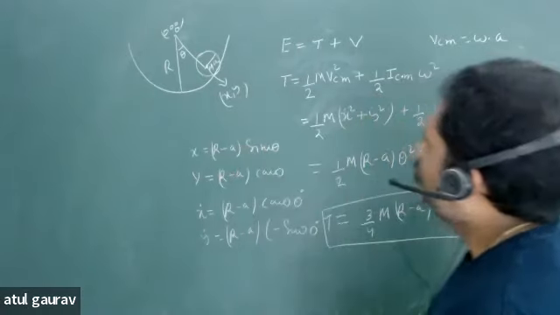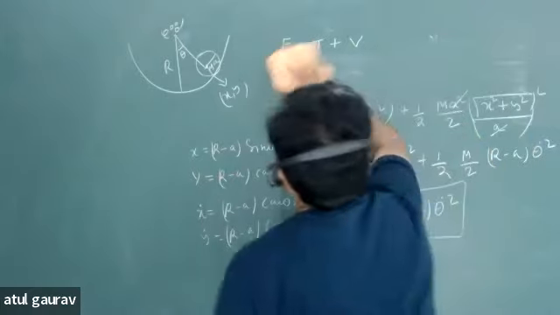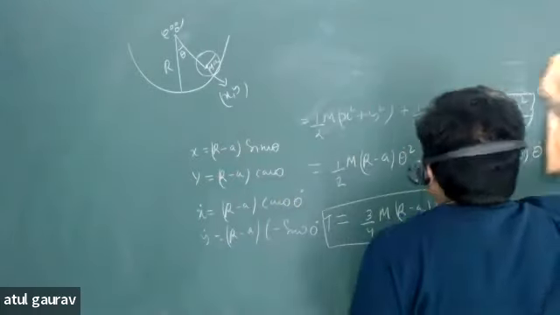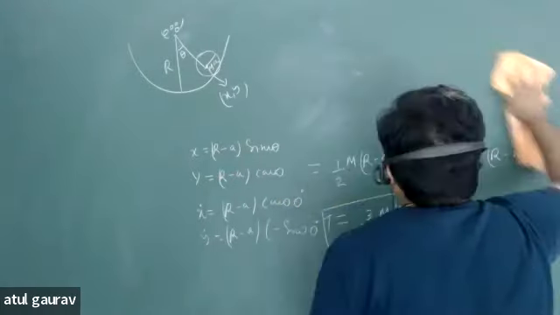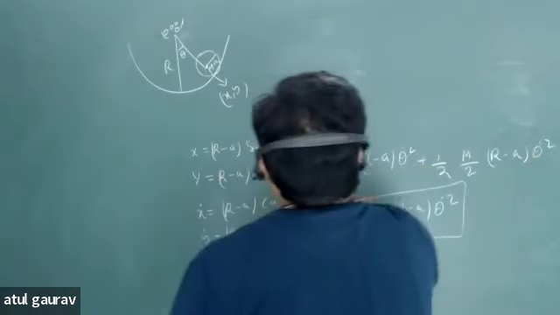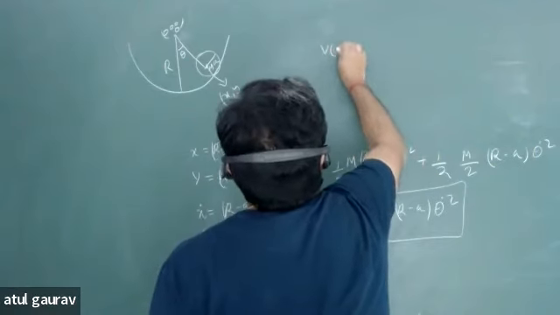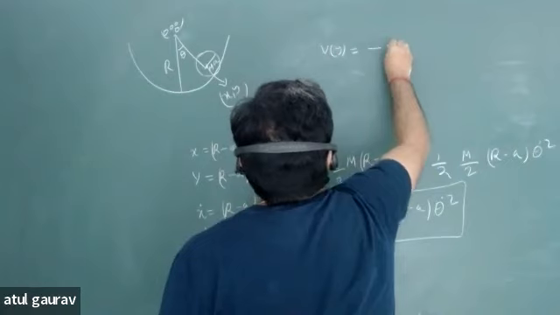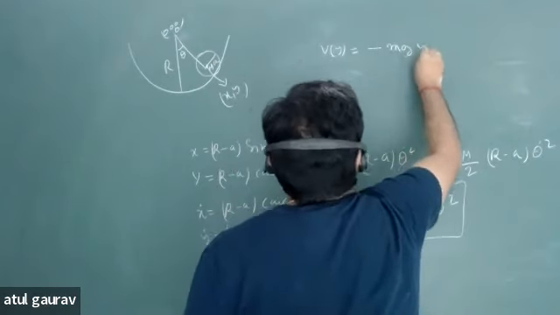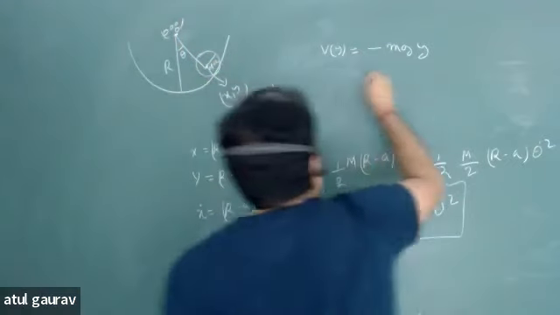So now we have to go for writing the potential energy. What will be potential energy? Anyone? Minus mg (r minus a) cos theta. Yes. So potential energy V theta, or Vy first, will be minus mgy, because we are choosing this one as my origin, so this will be a lower potential.